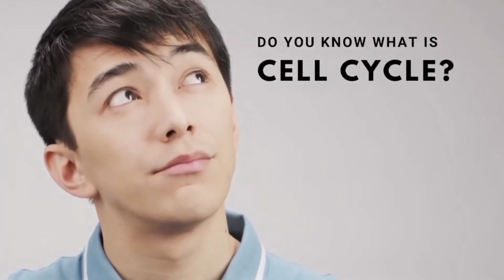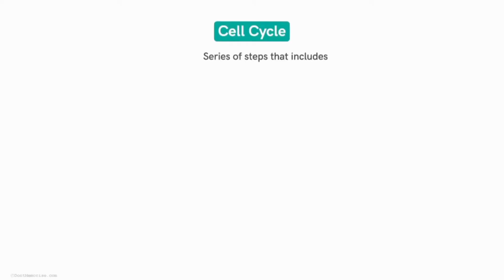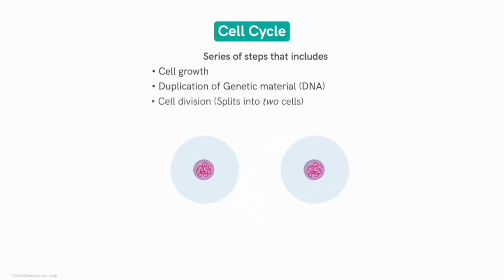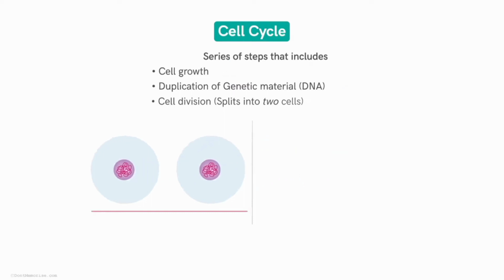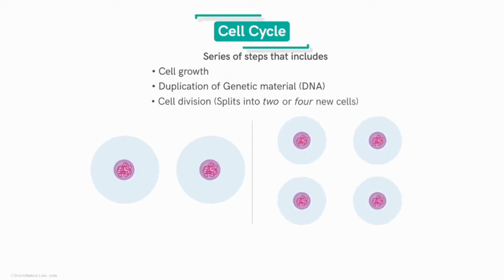Do you know what the cell cycle is? The cell cycle is a series of steps that includes cell growth, duplication of genetic material, and cell division, usually resulting in identical cells. In other words, the cell processes through various steps in order to grow, duplicate its DNA, and finally split into 2 or even 4 new cells.